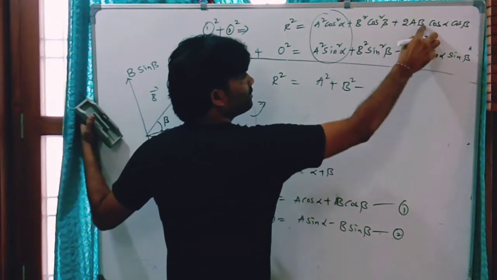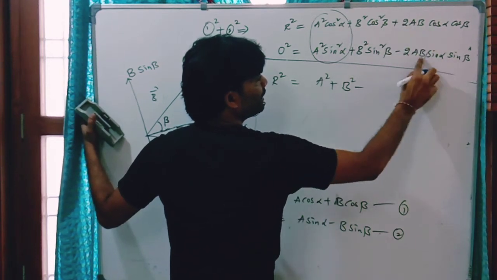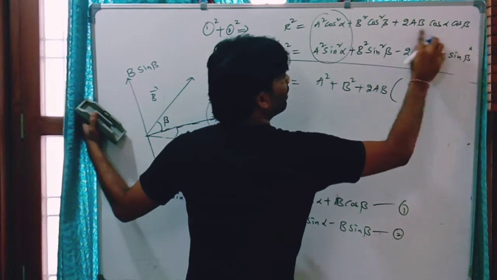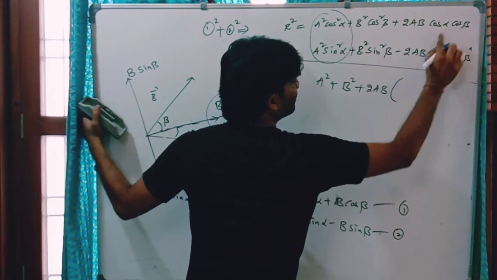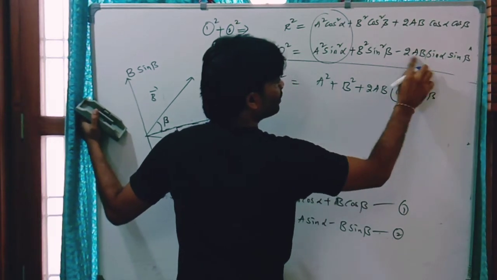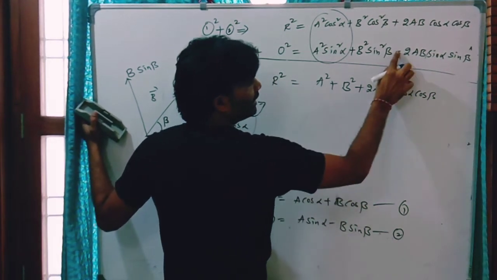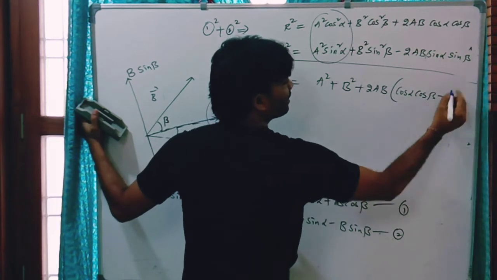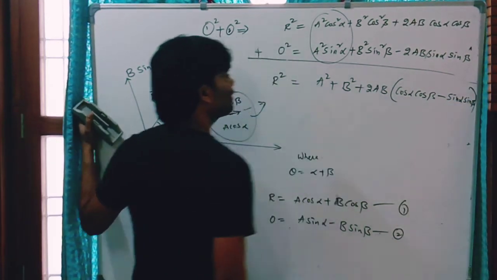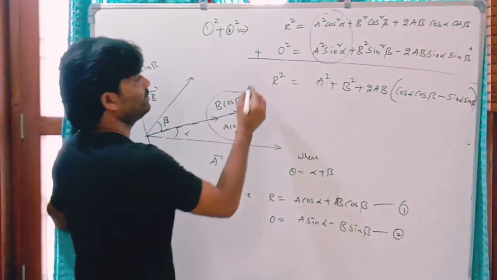So what is common from these two? 2ab. Let us take 2ab common. After taking 2ab common, you have the terms cos alpha cos beta. Here we took 2ab outside, and the minus sign is there, and this term sin alpha sin beta. I think it is clear.